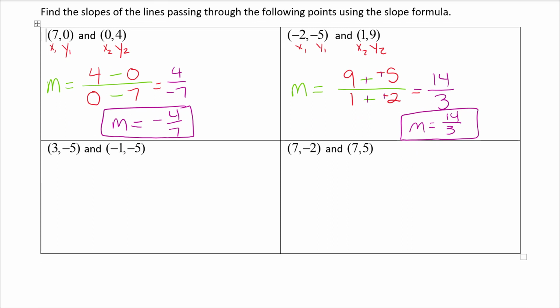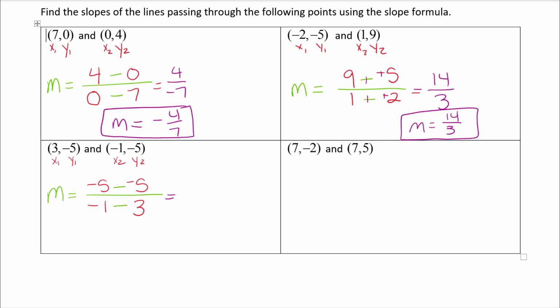Let's label again x1, y1, x2, y2. So my slope formula is y2 minus y1. The y2 is negative 5 minus, because there's a minus in the formula, y1, which happens to be negative 5. In the denominator, x2, which happens to be negative 1, minus, because there's a minus in the formula, x1, which is 3.